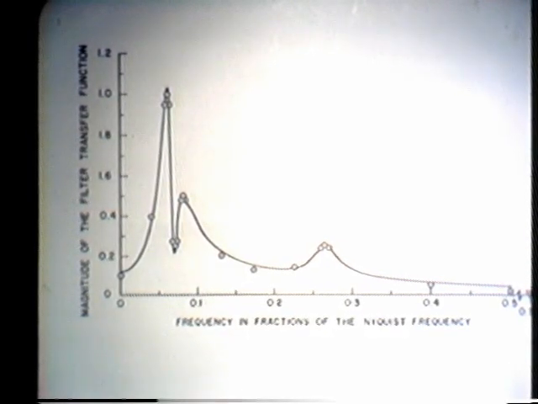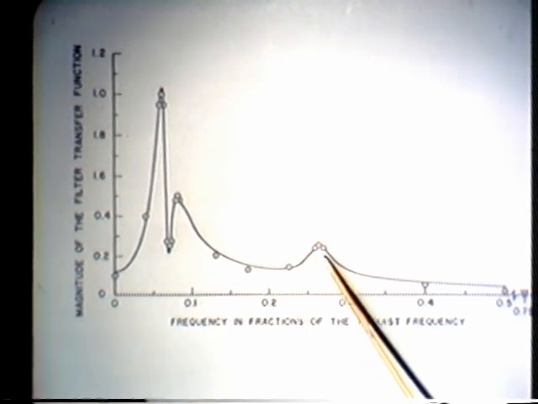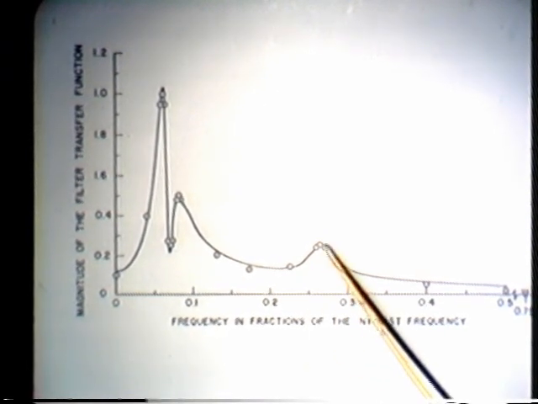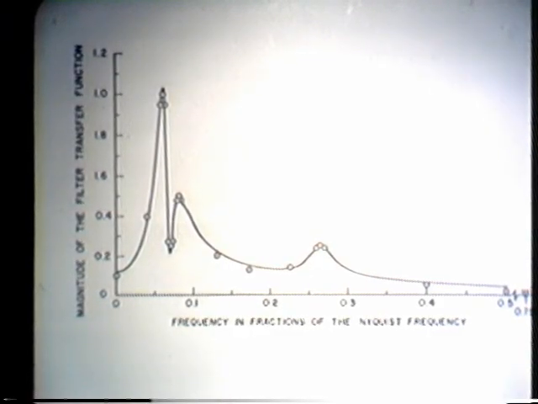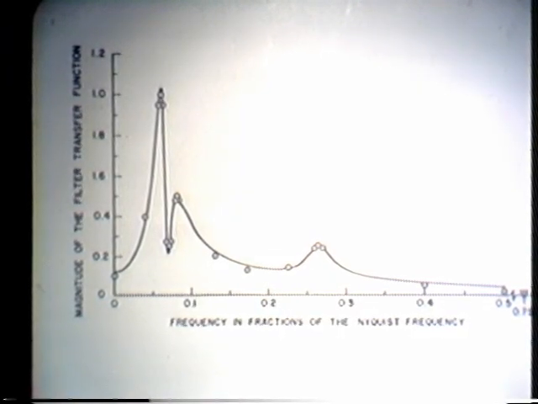The procedure that was used was to specify values of the desired frequency response in such a way that the frequency characteristic was more or less forced to go through the proper values at the important frequencies. So what was specified then was a point here.